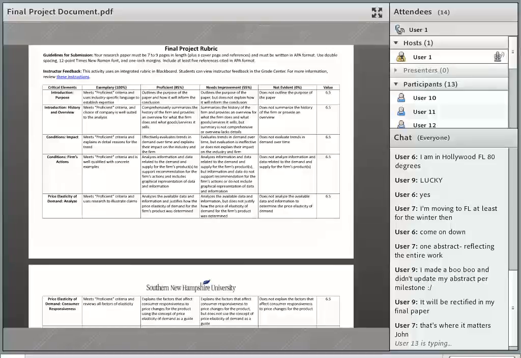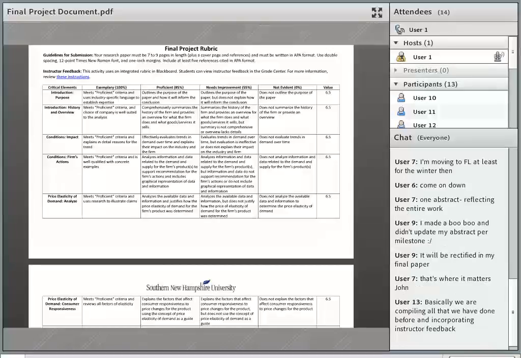So the exemplary column here specifically says, under introduction purpose and the exemplary description, it meets proficient criteria and uses industry-specific language to establish expertise. So before, to get a proficient, you might have just been a little bit vague, which would be fine, in saying what you were going to do.